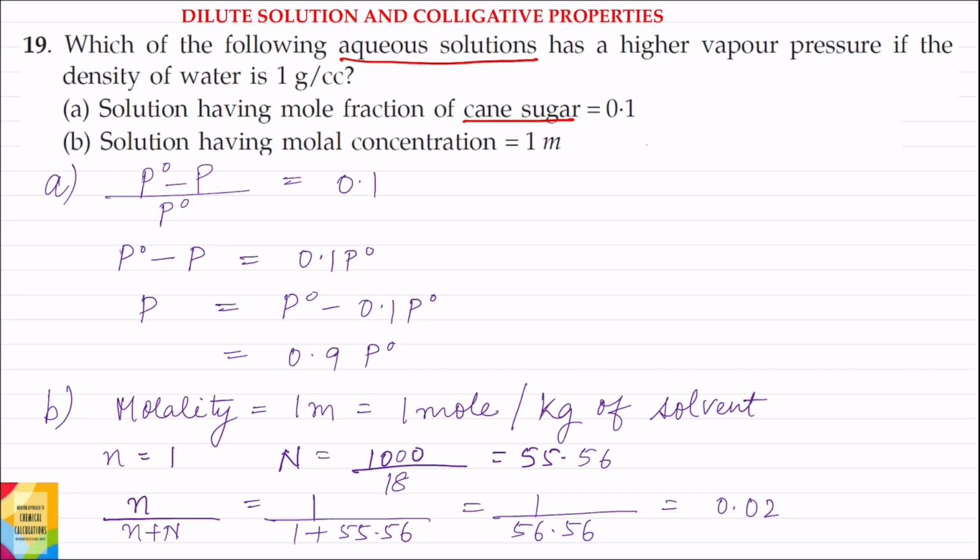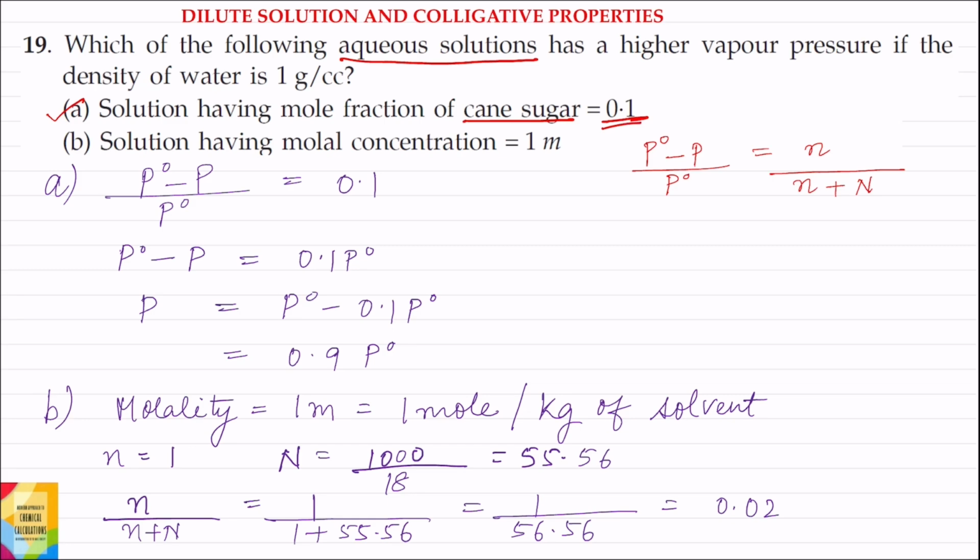Now we know that relative lowering of vapor pressure, that is (P naught minus P) divided by P naught. P naught represents the vapor pressure of pure solvent. P represents the vapor pressure of solution and this is equal to mole fraction of solute. Mole fraction of solute is moles of solute represented by small n divided by total number of moles. Total number of moles will be moles of solute, that is small n, plus moles of solvent, which is denoted by capital N. Now, in part A of the question, the mole fraction of solute is given as 0.1.